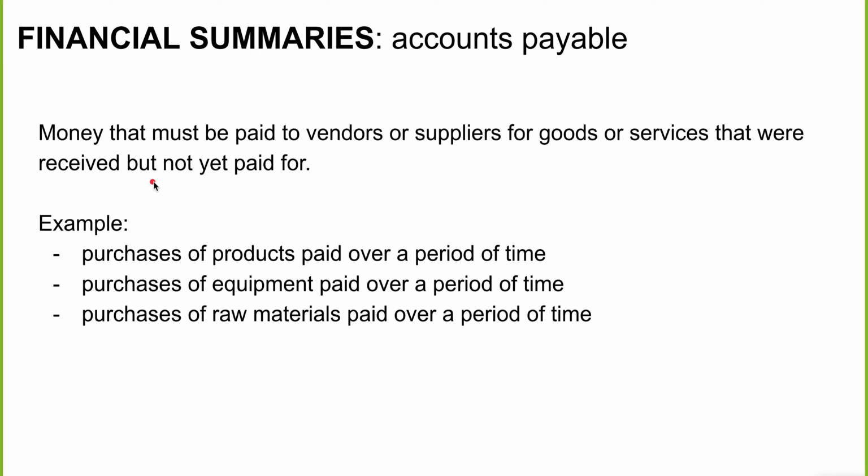For example, purchases of products that are going to be paid over a period of time, purchases of equipment that are paid over a period of time, and purchases of raw materials that are paid for over a period of time. Because I'm paying for it over a period of time, that's money that I owe that company. Okay, and that's my accounts payable.